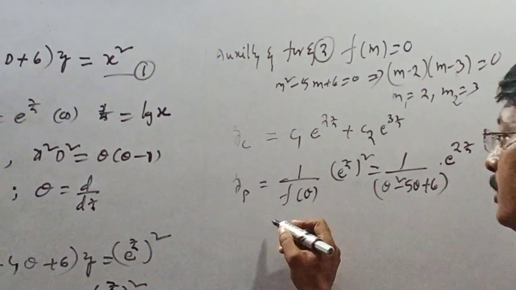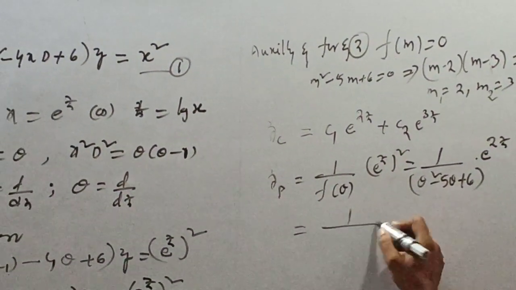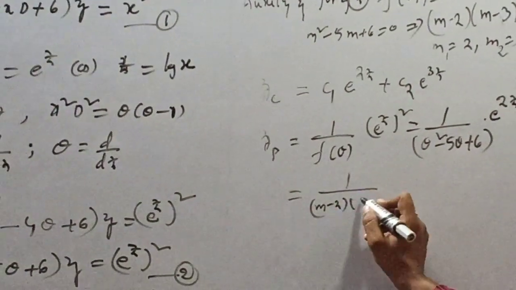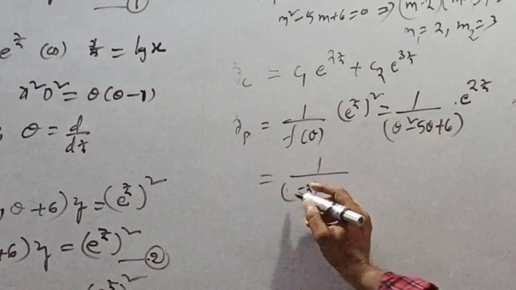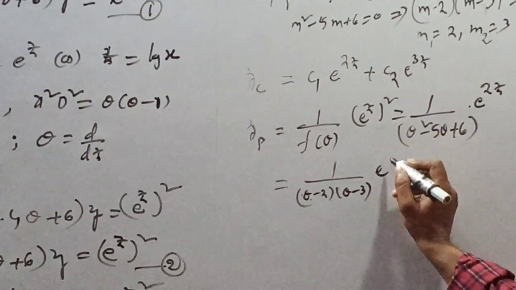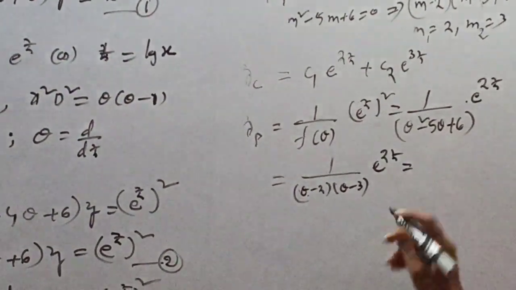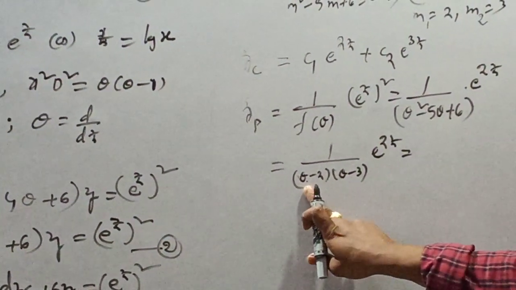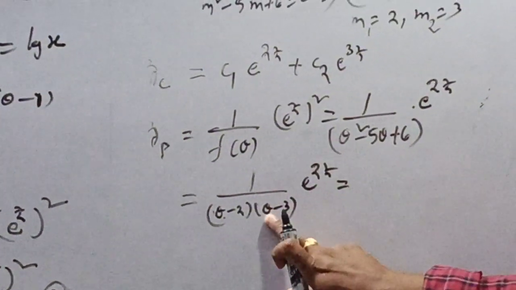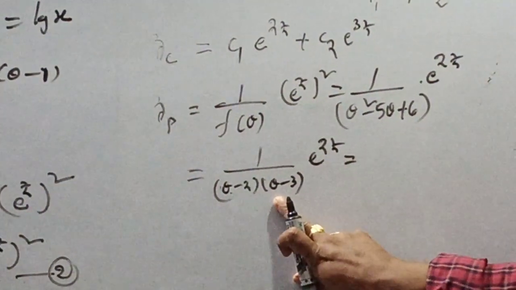So observe, this is equal to 1 by theta minus 2 into theta minus 3, into e to the power of 2z. Here the factor is 0, so we have another formula for this particular function. Here theta minus 3 is not 0: 2 minus 3.